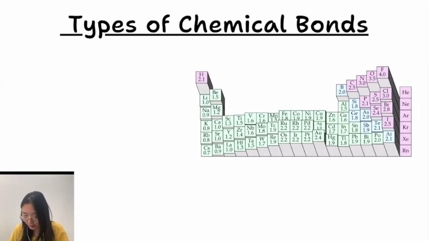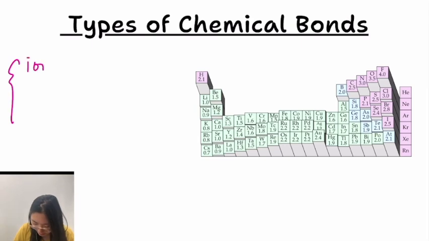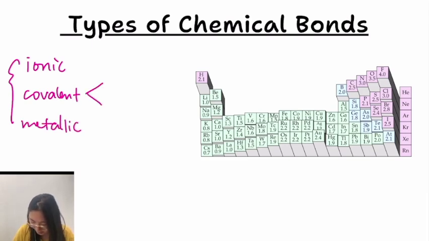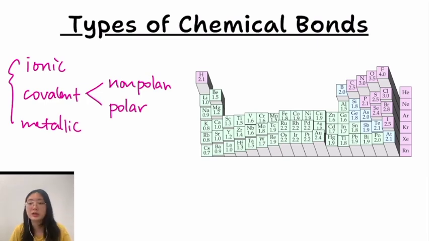Okay, so let's go over all types of chemical bonds that we're going to learn in this unit. We have ionic bonds, covalent bonds, and metallic bonds. For the covalent bond, there are two types: nonpolar covalent bonds and polar covalent bonds. We're going to dive deep into all of them in this unit. Ionic bonds usually form between metal and non-metal.